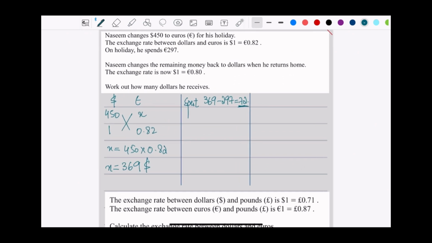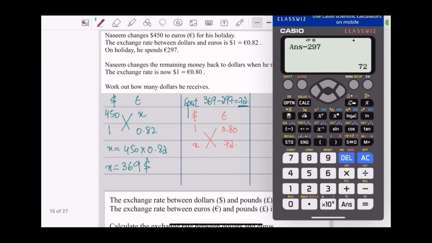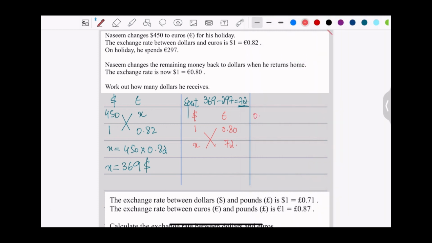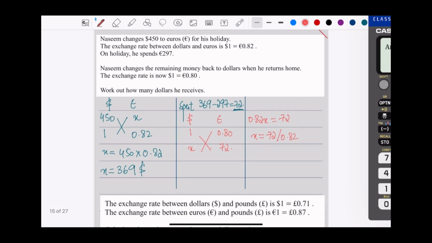Now, he exchanged them back, and the conversion rate between dollars and euros is $1 for 0.82 while returning back, and he's left with 72 euros, which is x dollars. So let's find that out. I can write that as 0.82x is equal to 72, and x is equal to 72 over 0.82.